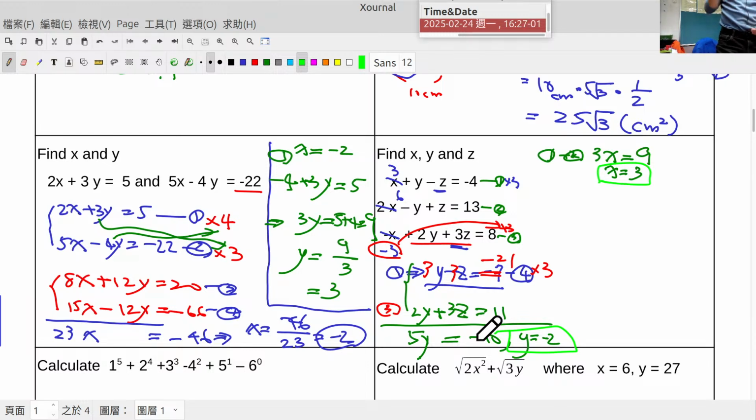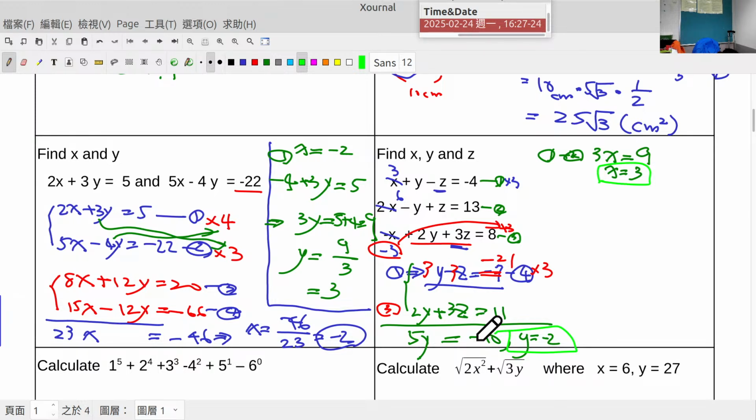Any comments? If you find my mistake, please let me know. Otherwise, I will move forward. Too easy? I know, to someone it's too easy, but I want to get an average.